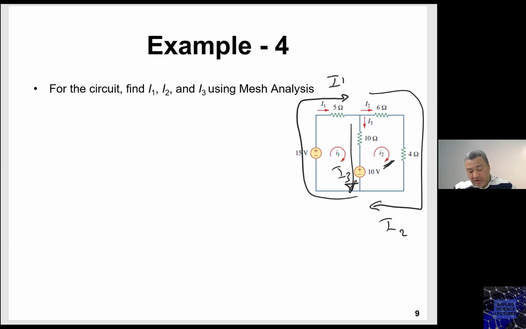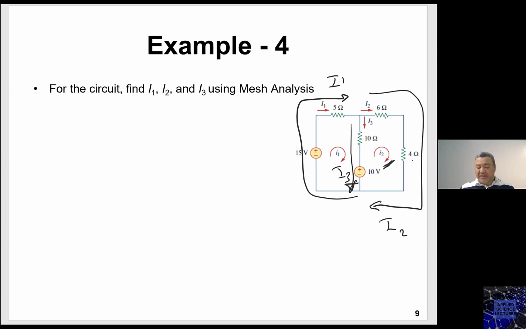The mesh current I2 is going by himself into the 6 ohm and the 4 ohm. Okay? So those capital I's are different than my small letter variables I1 and I2, right? Now I need to find those capital I's, I1, I2, and I3 for that circuit using the mesh analysis.